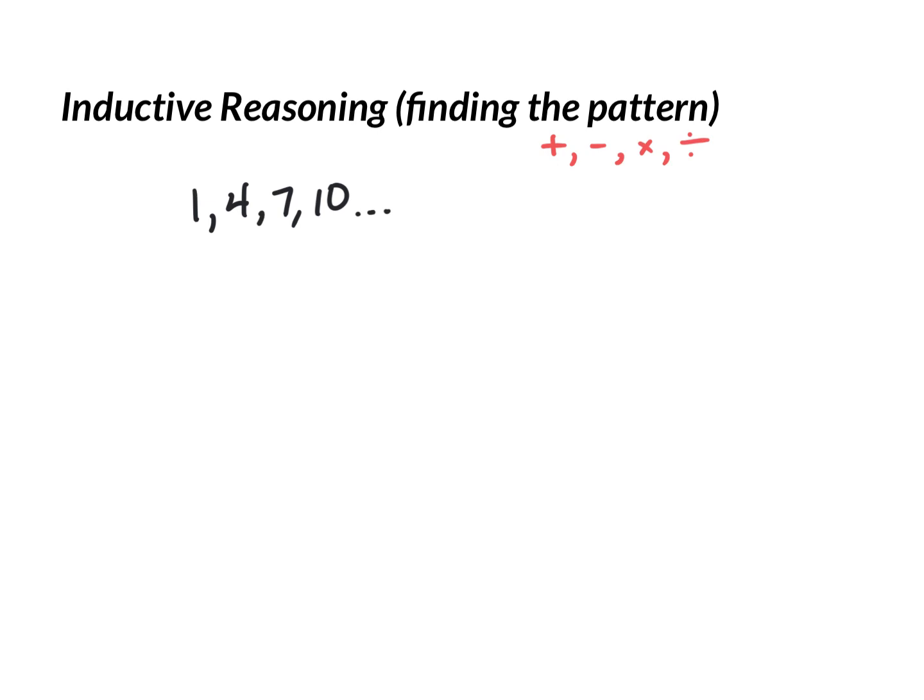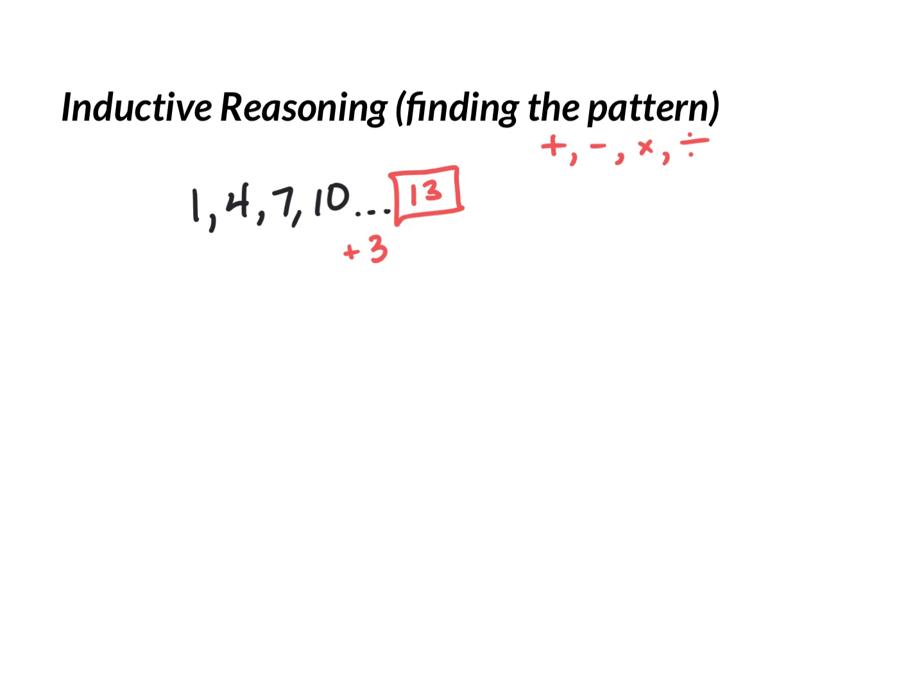Now here you'll see that we're adding 3 every time. Add 3, add 3, add 3. So if you were asked what's the pattern, you would say you're just adding 3 every time. And oftentimes you're then asked to predict the next number. Well, the next number, add 3, would be 13.